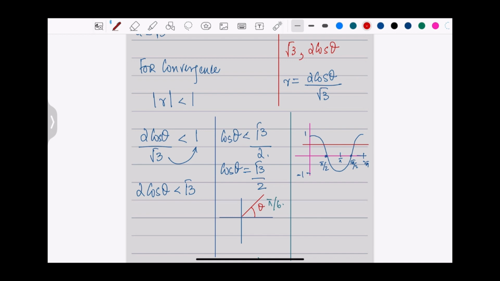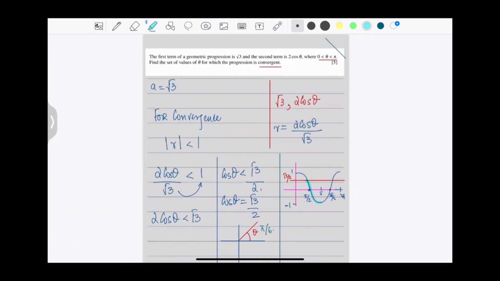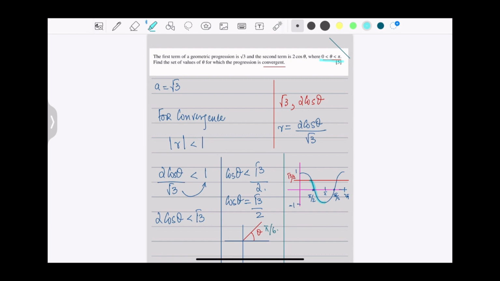So now if I highlight the region where the graph of cos theta is less than root 3 over 2, the value root 3 over 2 here is this value, and until this point, the region is between 0 and pi.